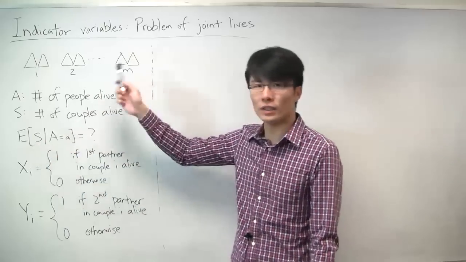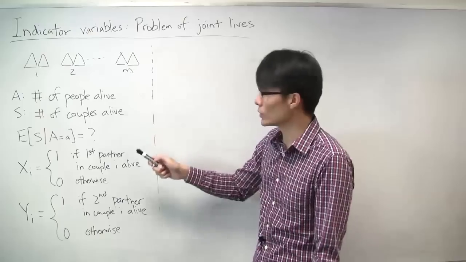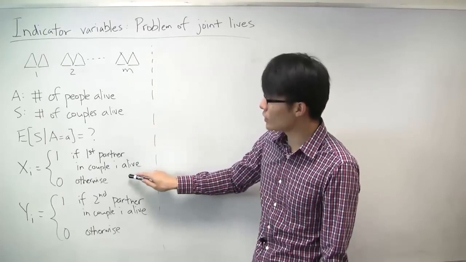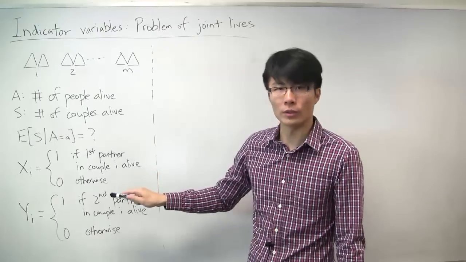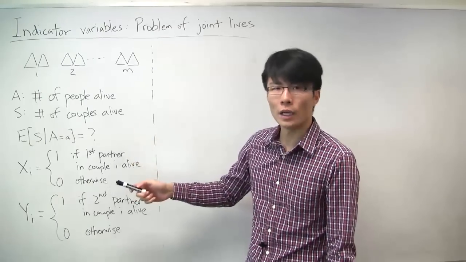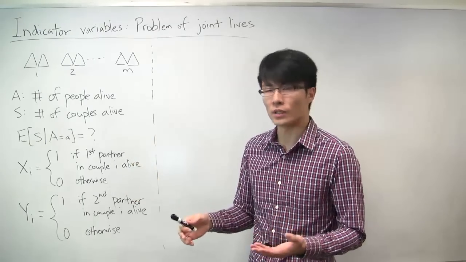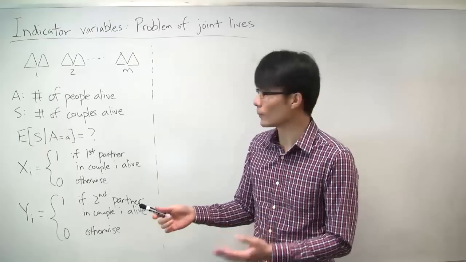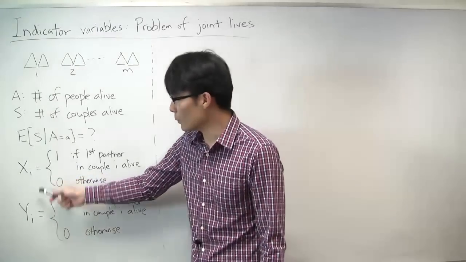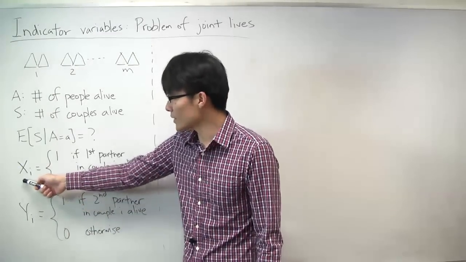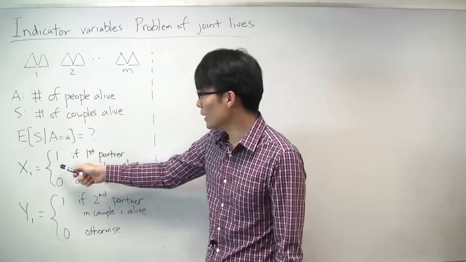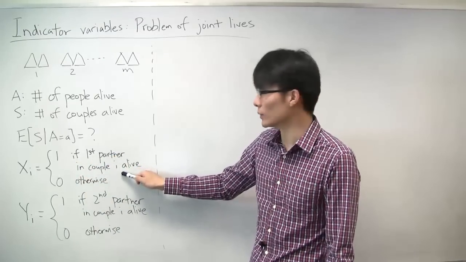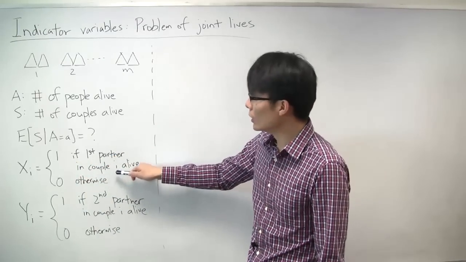That really is the idea behind indicator variables. So what exactly is an indicator variable? It's really just a Bernoulli random variable. It's either 0 or 1, and we call it an indicator variable because it's supposed to indicate whether or not a certain event has occurred. So let's define a couple of indicator variables. Let X_i be 1 if the first partner in couple i is still alive 50 years from now, and 0 otherwise.